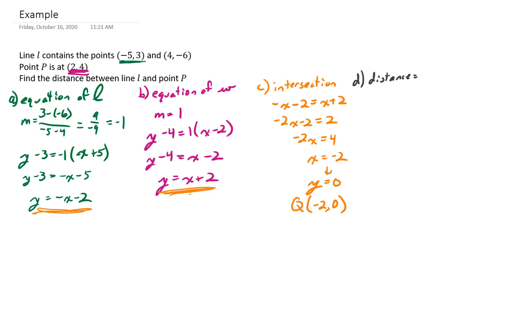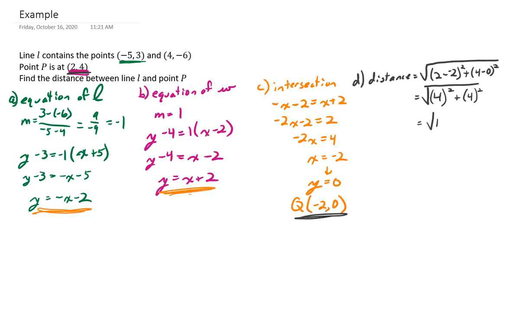I am finding the distance between P, 2, 4, and Q at -2, 0. So I've got 2 minus -2 squared plus 4 minus 0 squared. 2 minus -2 is 4, so I have 4 squared. And then 4 minus 0 is 4, so I have 4 squared again.